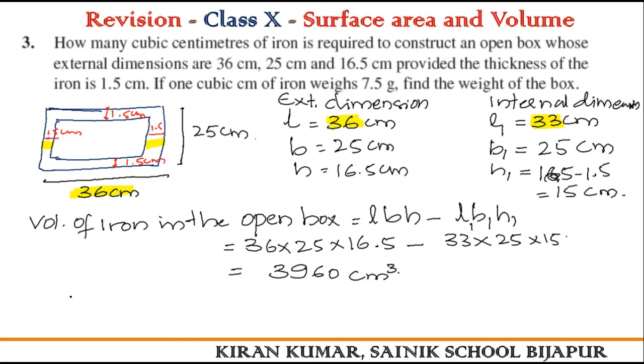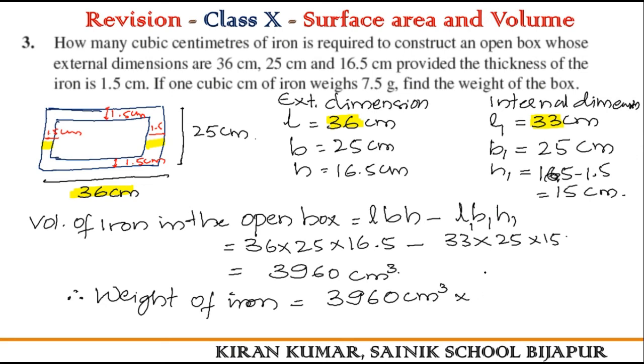Therefore, weight of iron will be equal to the volume multiplied by the density. The density, they have given, is 7.5 grams per centimeter cube.